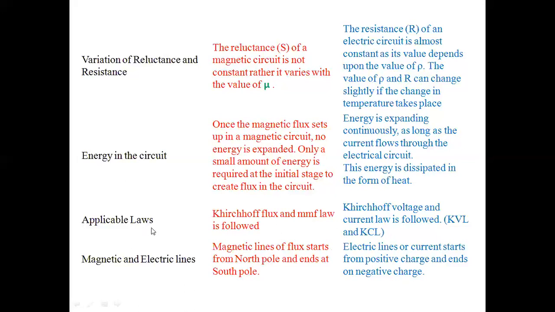Now the applicable laws: Kirchhoff's law and MMF laws in the magnetic circuit, and KVL and KCL in the electric circuit. The magnetic lines of flux start from the north pole to the south pole, and electric current starts from the positive charge to the negative. These are all the similarities and dissimilarities of magnetic and electric circuits.